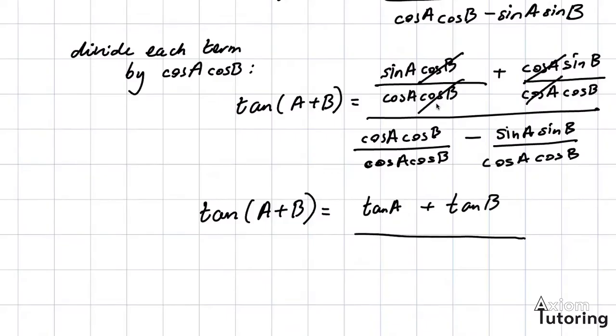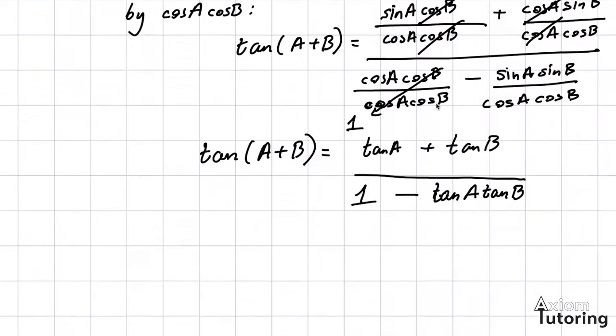Over, we have cos A cos B over cos A cos B. Well, that's just 1. Okay, we can see that. And then we have minus sine A sine B over cos A cos B. So sine A over cos A, well, that's tan A. And then sine B over cos B, that's tan B. So we've got tan A tan B in the second term of the denominator.